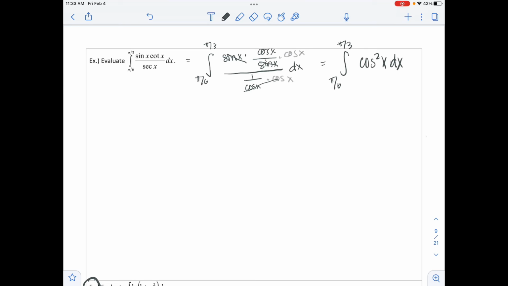And anytime we have cosine squared or tangent squared or sine squared, I'm going to use those power reducing formulas that we do need to know. And so this is still going to stay the integral from pi over 6 to pi over 3. And we're going to have a 1/2, and this one is 1 plus cosine of 2 theta. And in this problem, it's going to be 2x dx.